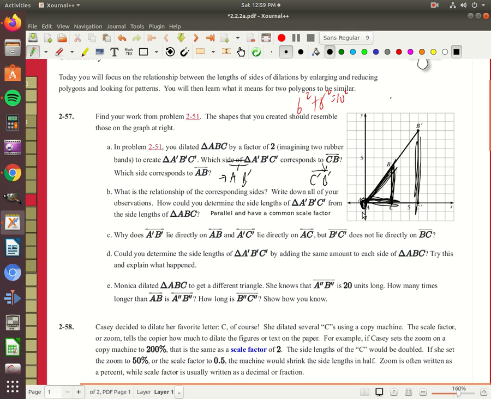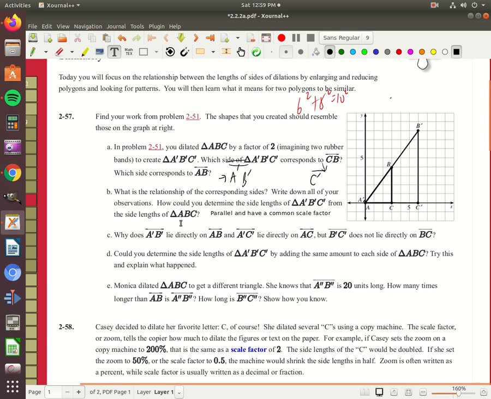This line is on the point of dilation, so it just keeps going. This line is on the point of dilation, so it just keeps going. This line is not on the point of dilation, so it doesn't just keep going through. That's why this line goes through the origin, and this line goes through the origin because it's on it, but this one isn't. So I hope that makes sense, and we're all okay with that.